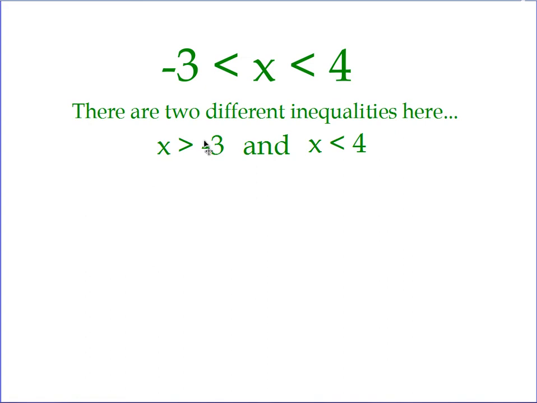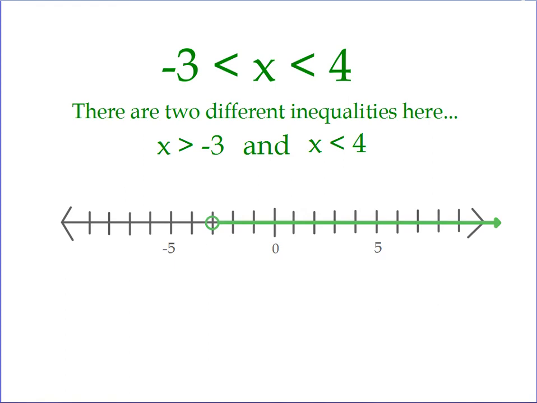When I write the two separate inequalities, I need to use the word and. Let's take a look at what that looks like on a number line. Here's the inequality x is greater than negative 3. But I also need to take into consideration that my values need to be less than 4.